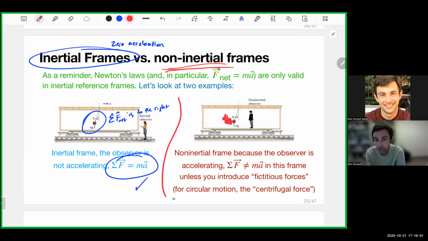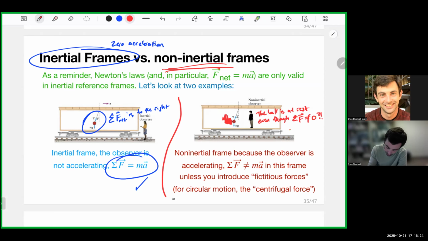But the non-inertial observer is going to say that the ball is at rest in their frame. This person says the ball is at rest, even though the net force is non-zero, even though the sum of the forces is not equal to zero.